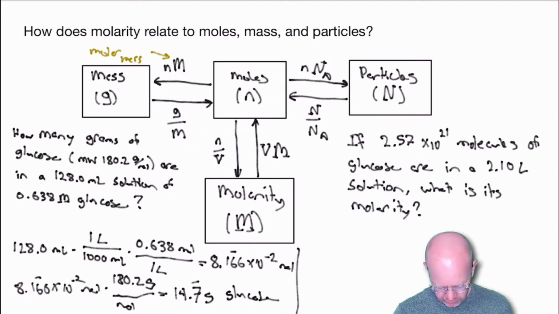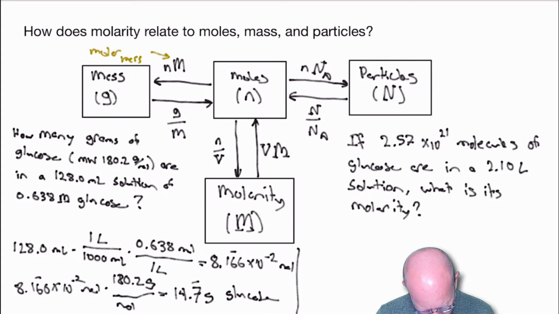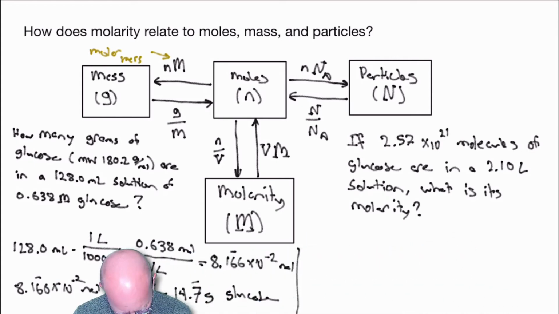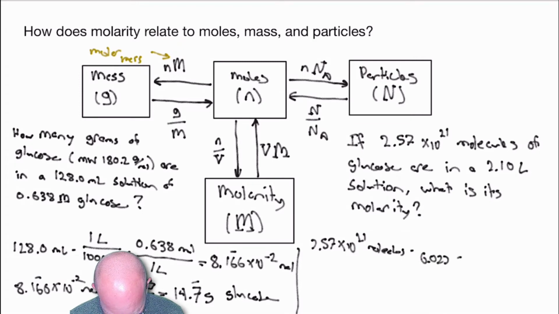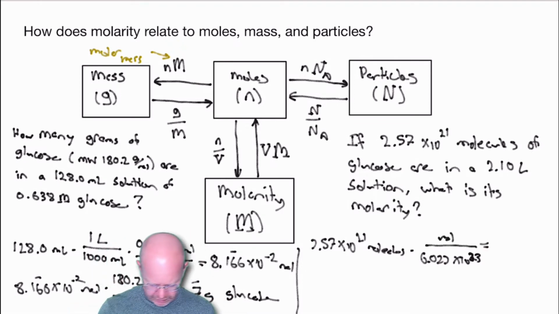So let's go ahead and do that. So if we have 2.57 times 10 to the 21st molecules, and I'm going to not write glucose, but you know that it's there. So what I've done is divide that number of particles by Avogadro's number to get the number of moles.